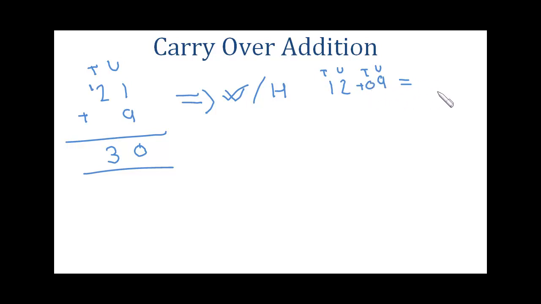Okay, now this could either be V or H. So 12 plus 9 first. 9 plus 2 equals 11, 1 and 1 over here, 0, 1 and 2. So the answer is 21. Now which way is this? As it forms a sleeping line, it's a horizontal way, right? We'll take a few more examples like this.